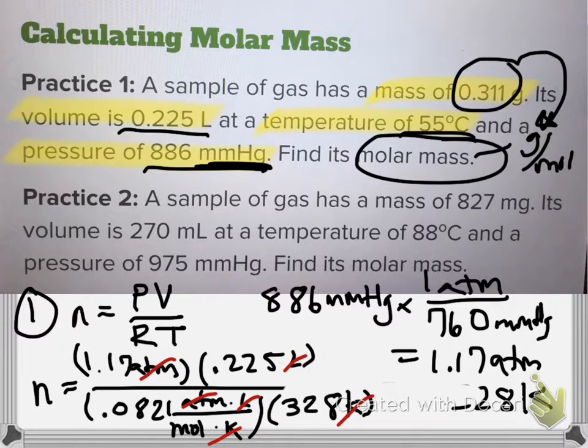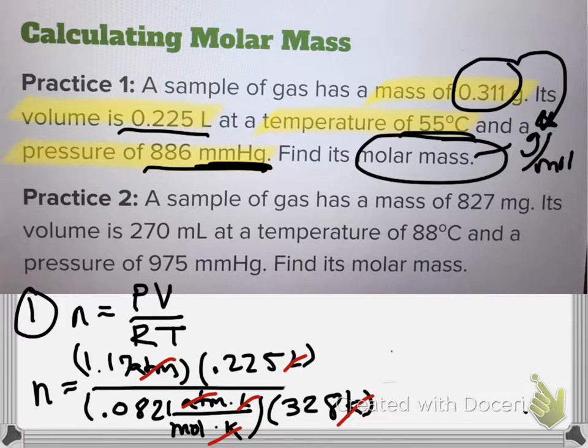We're going to be left with moles, which is exactly what we want to be left with. That's what we are trying to figure out. So go ahead and plug this into your calculator.